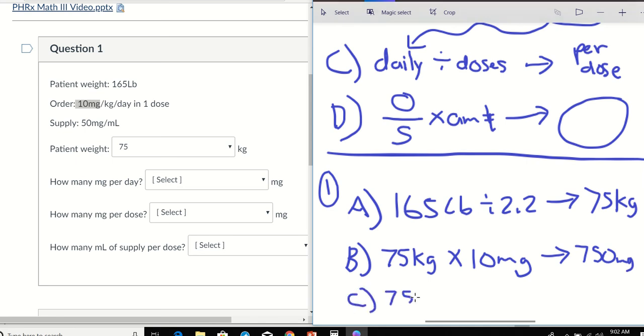So 750 milligrams per day, we're going to divide it by the number of doses. This is yesterday's DC. We're going over it. So for step C, we need to divide by doses. Since we're only going to give one dose a day, all this drug all at once, our daily amount and our per dose amount will be the same.